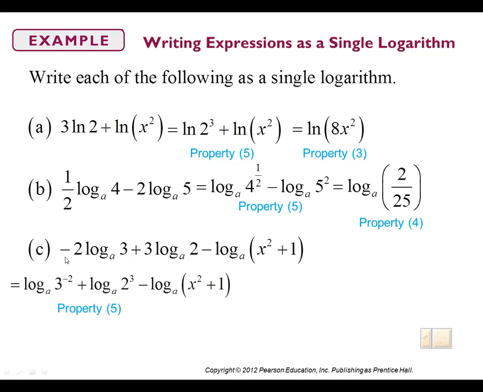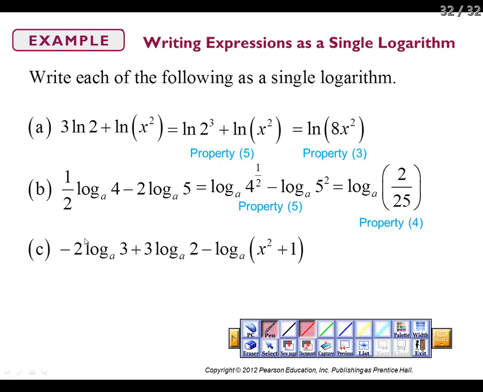In this case, anything that's a negative is going to go in the denominator. And anything that's a plus is going to go in the numerator. Now they showed it as a negative exponent, but you can take this 2 and leave the negative there.